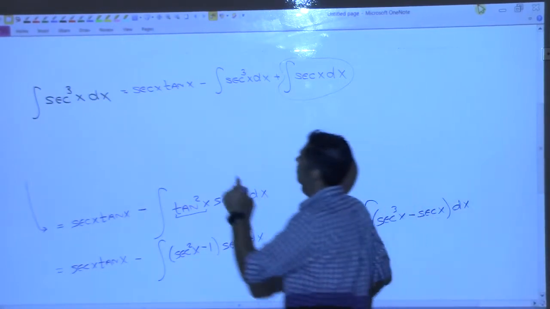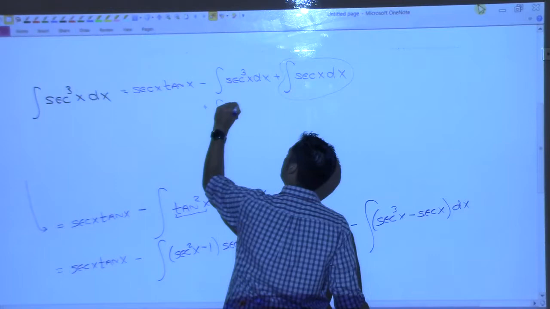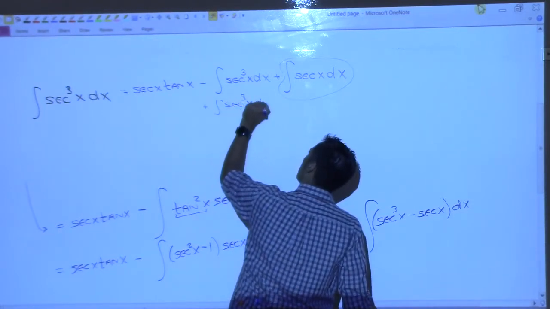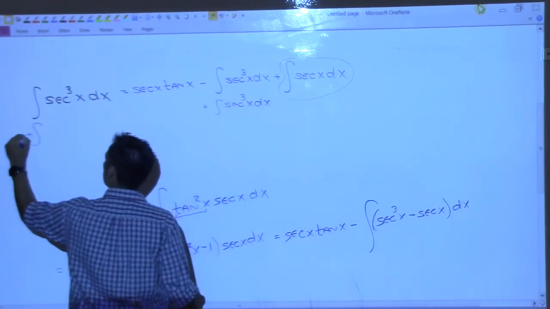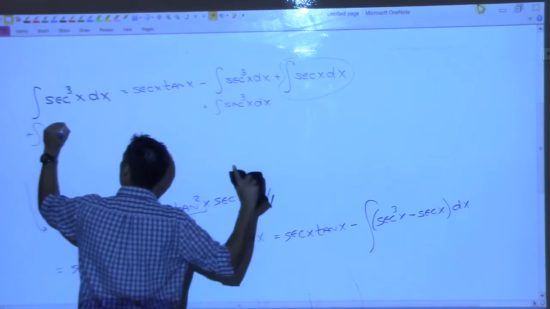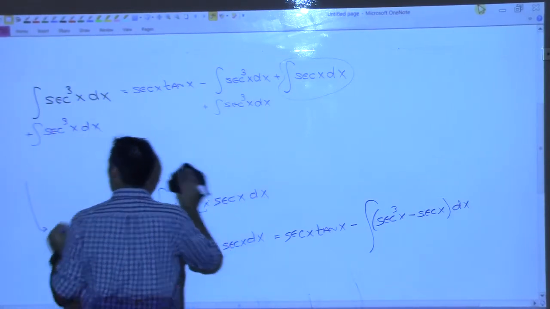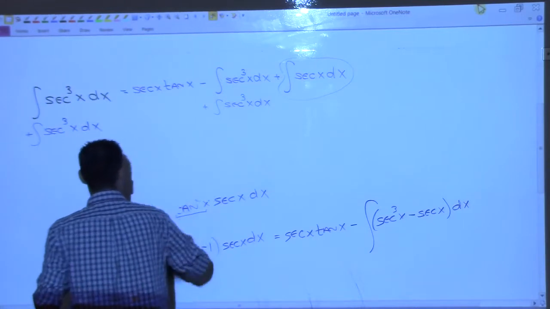So this becomes, let's see, we add this integral. And we add this integral over here. We're adding one of them, right? So how many of those integrals will we have? Two of them, right?